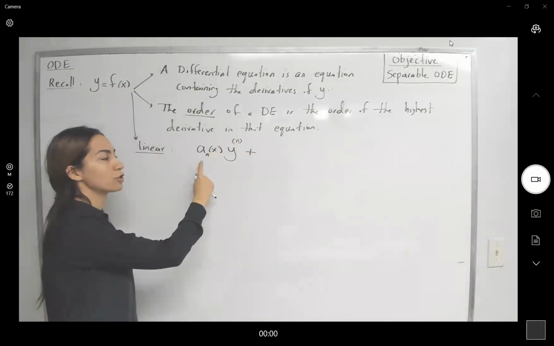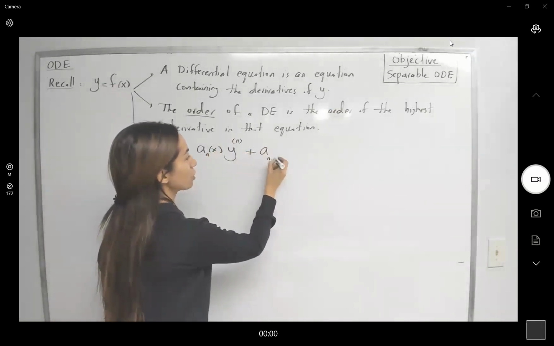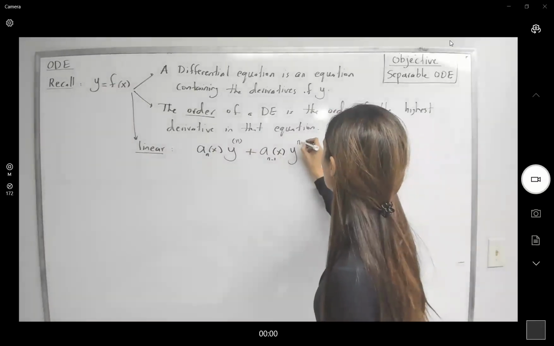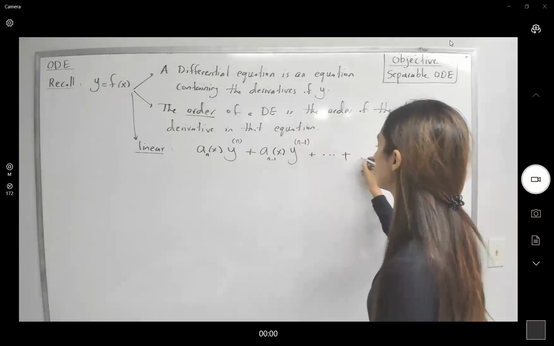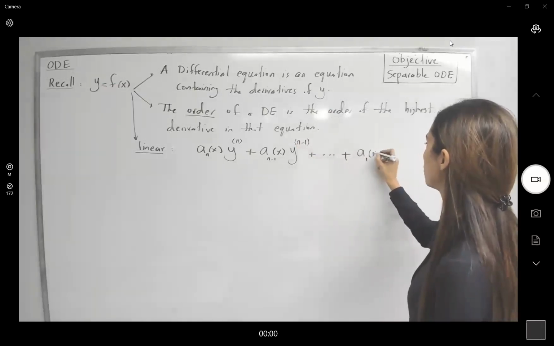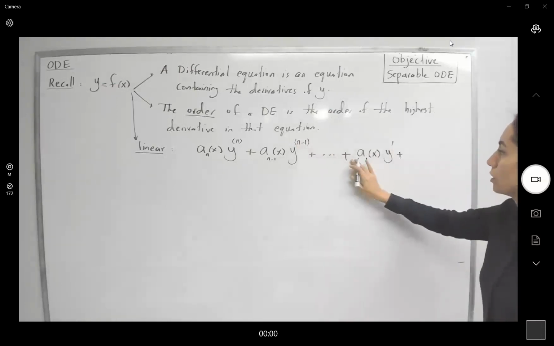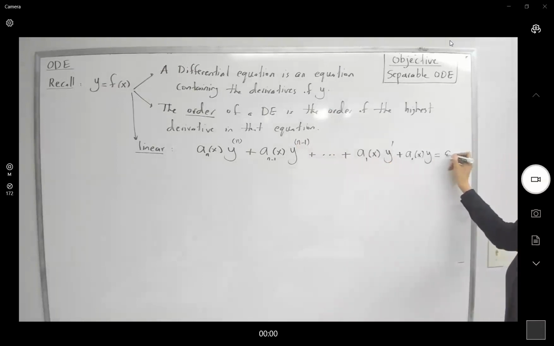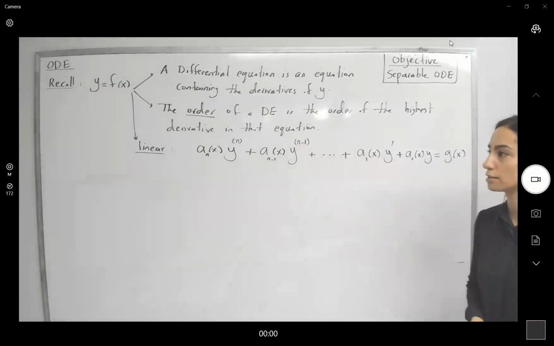So the first coefficient times the nth derivative of y plus the second coefficient in x times the next derivative of y plus the middle terms plus a sub 1 of x times the derivative of y plus a sub 0 of x times y equals g of x, a function of x, or it might be a constant.